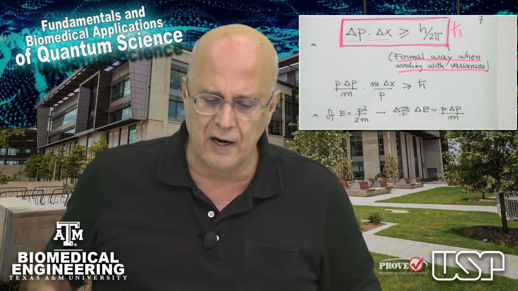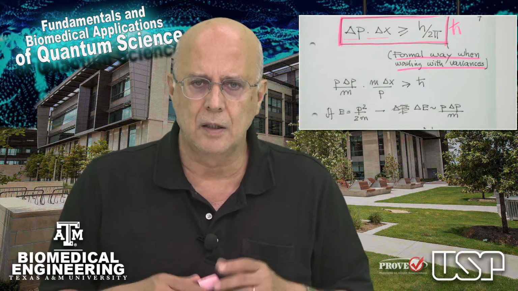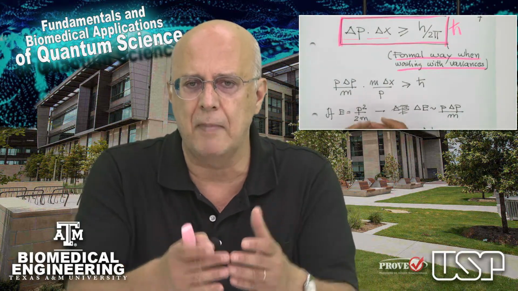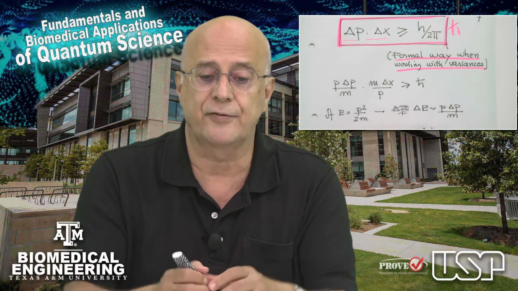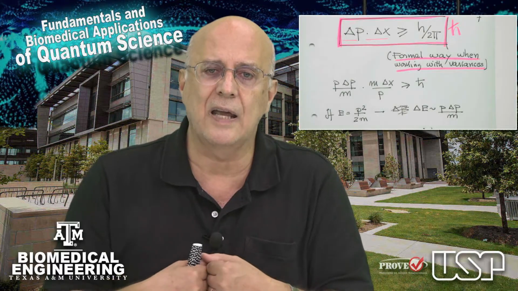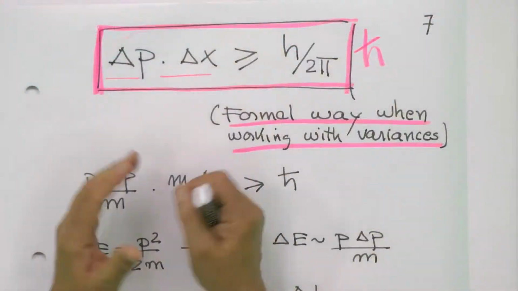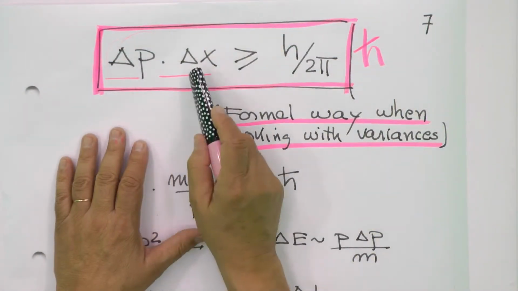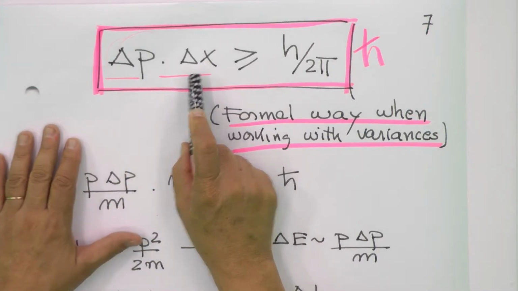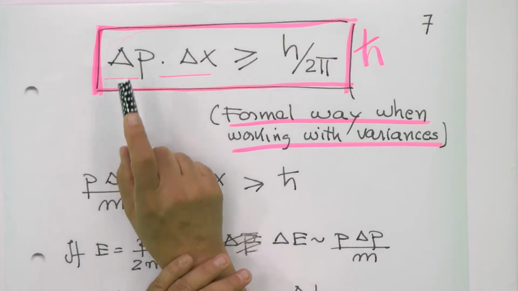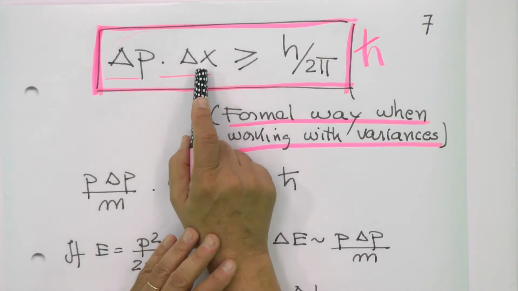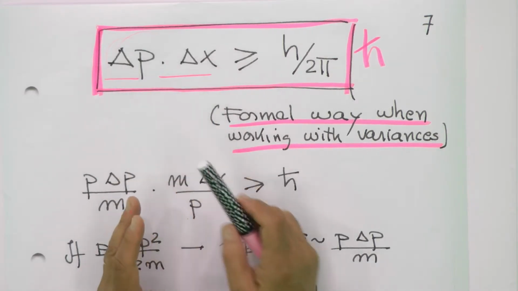But this principle is very interesting, because it imposes many limitations. Basically we translate this principle by saying that if I measure very well where the particle is, I cannot know the momentum very well. If I measure very well the momentum, I cannot know where the particle is.